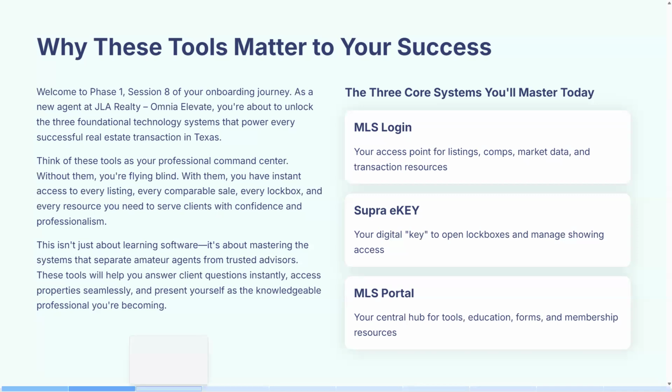So depending on your MLS, HAR is an amazing MLS board. They provide lots of information, lots of tools. I know there's other MLSs which my members are a part of that don't have the tools that HAR has. But there's going to be a resource there for you, and you want to make sure that you tap into it.